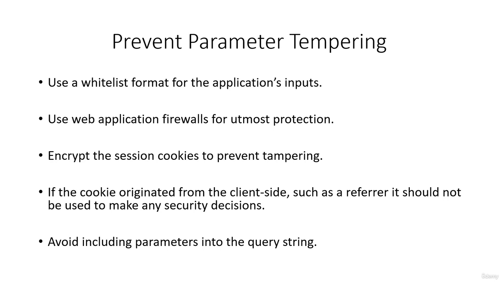If a value originated from the client side, such as the referrer, it should not be used to make any security decisions. And also avoid including parameters in the query string so that tampering can be prevented.